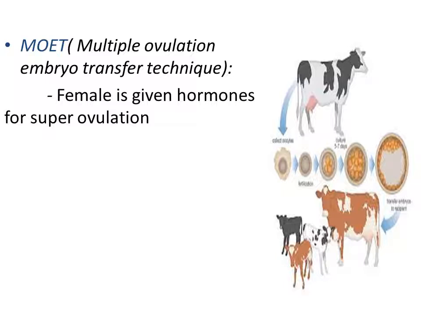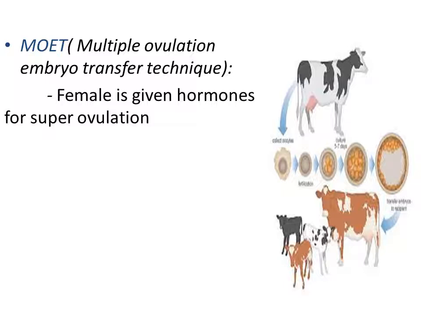It can be achieved naturally or artificially. Either the female cattle is mated with the male cattle, or the collected semen is introduced into the female reproductive tract. After insemination, fertilization of the eggs takes place. All 6 to 8 eggs are fertilized in the female reproductive tract.